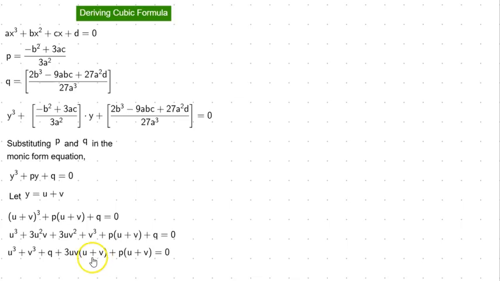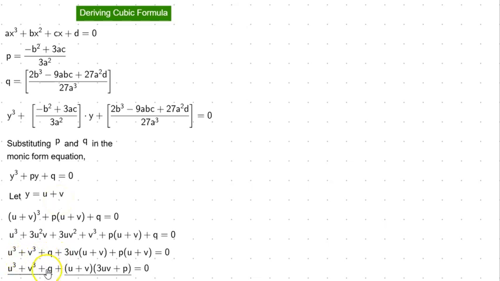We get 3uv times (u plus v) and then plus p times (u plus v) equal to 0. Now this part is the tricky part. This substitution, y is equal to u plus v. And in a few more steps, we will know why we are doing that exactly.